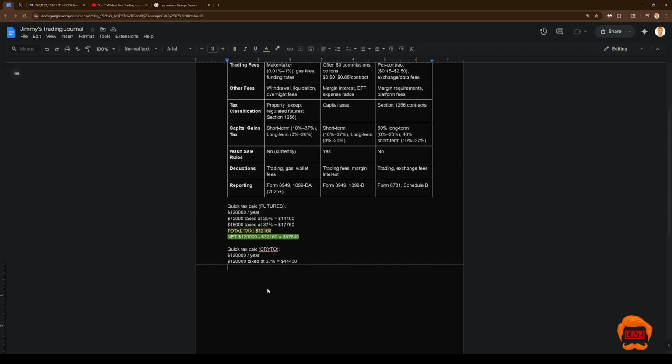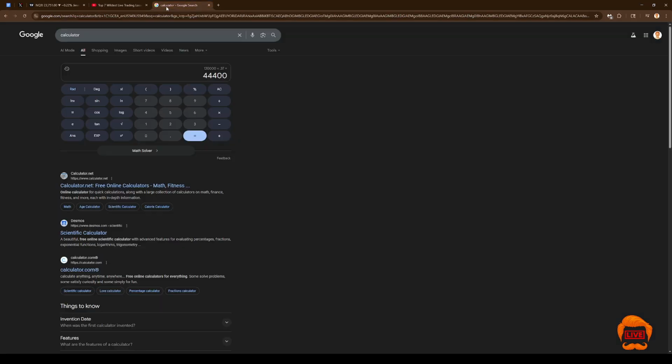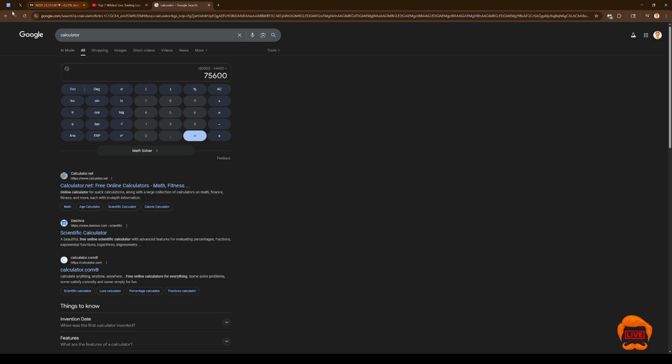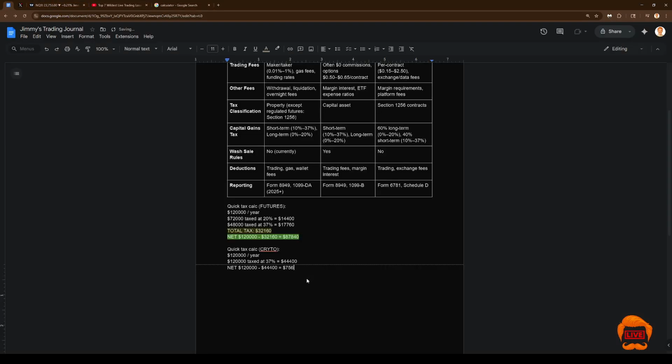There we go. Then we're gonna do our net. That is gonna be 120,000 minus this 44,400. 75,600. Sorry, 75,600. Okay, so yes, we do net less with crypto just because of taxes.